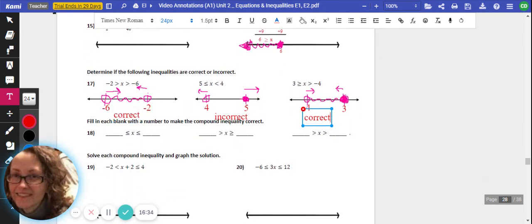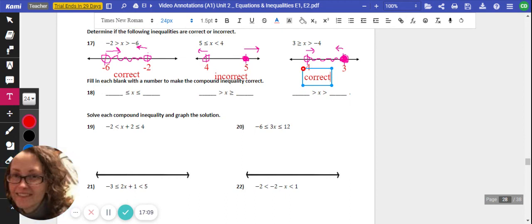You can still get correct inequalities. There is just a greater chance of making mistakes, in my opinion, but I can get correct statements out of this. So if I wanted to start with my bigger value, and I wanted my correct inequality as an and statement, I needed greater than signs in between here.